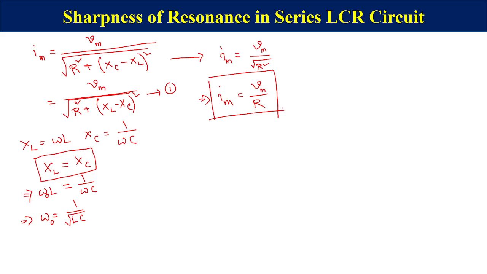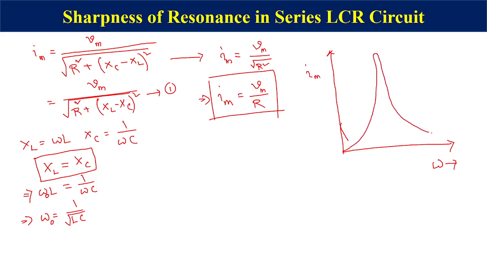Now, for values of omega other than omega naught, the amplitude of the current is less than the maximum value. I hope we all remember this particular diagram, of how this maximum current varies with omega. On this side we plotted omega and on this side the maximum current, Im, and we found a graph which was like this.